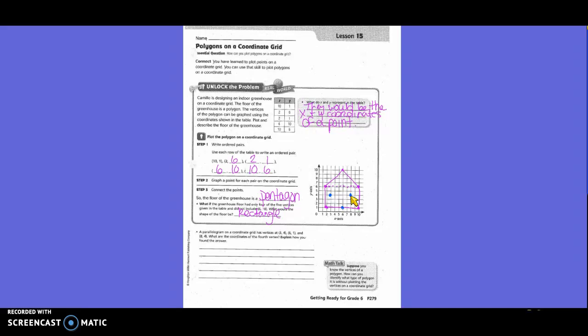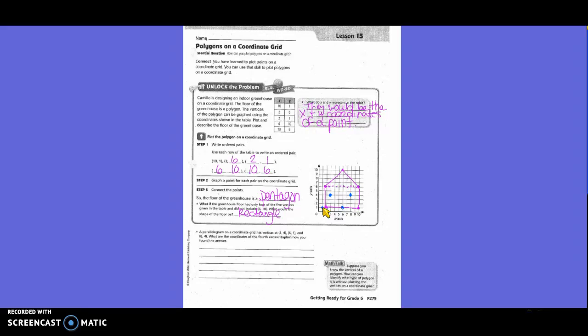6, 6? No. 6, 7? What if I did 1, 1? Could I do that? Yep, because then if I connected it, I'd have a rhombus, or a parallelogram, right?